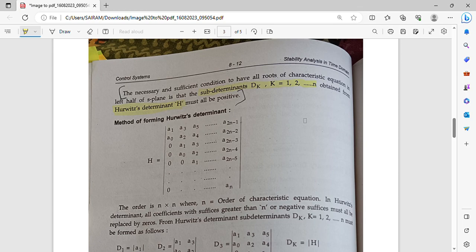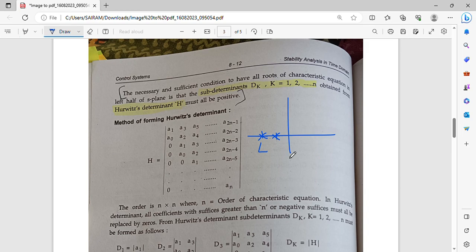This is your left half of the S plane, and if you want the roots of the characteristic equation to be present in the left half of the S plane, there are certain conditions, and this is a sufficient condition given by the Hurwitz criterion.